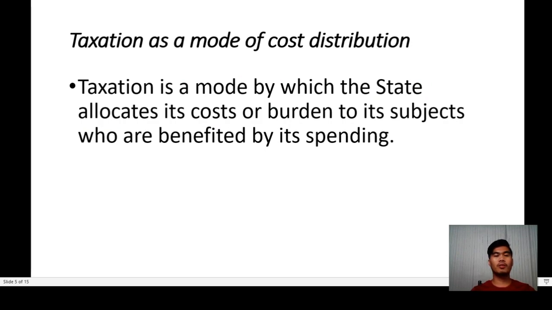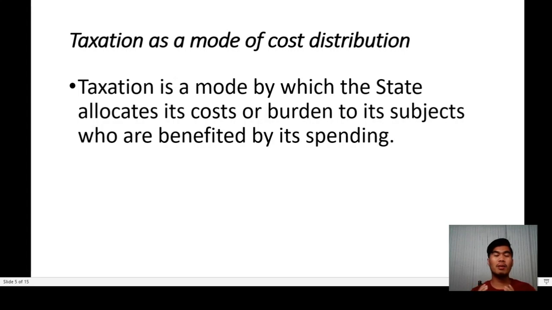Taxation is a mode of cost distribution. Taxation is a mode by which the state allocates its cost or burden to its subjects who are benefited by its spending. Kumbaga, paano ba ang tax dinidistribute? So, government has a project, ito yung mga cost or ito yung mga gagawin niya.